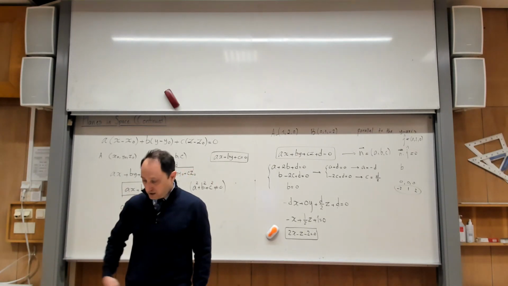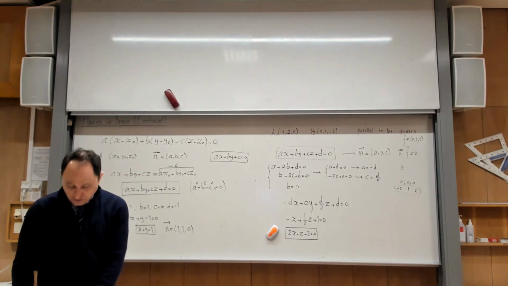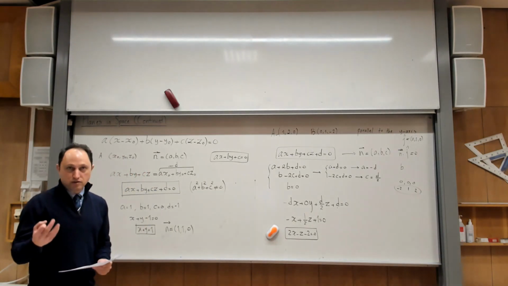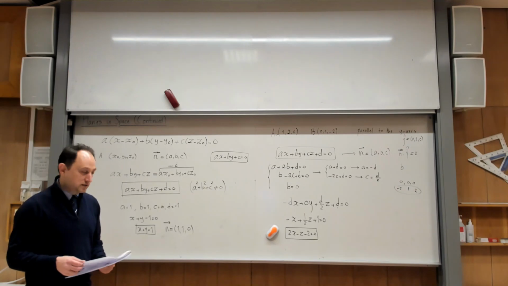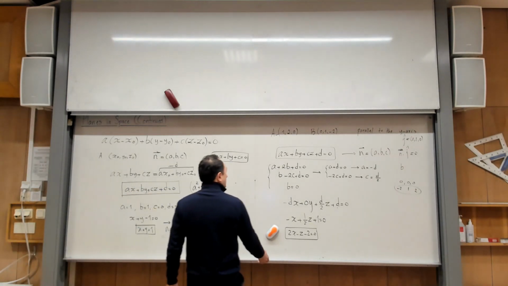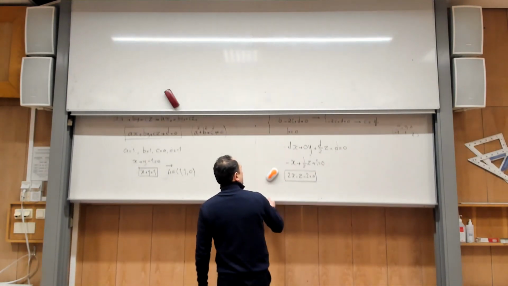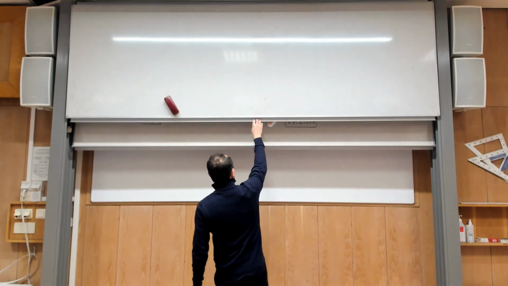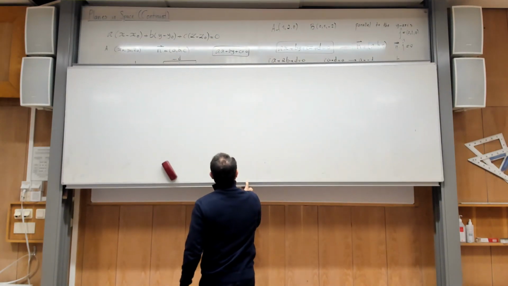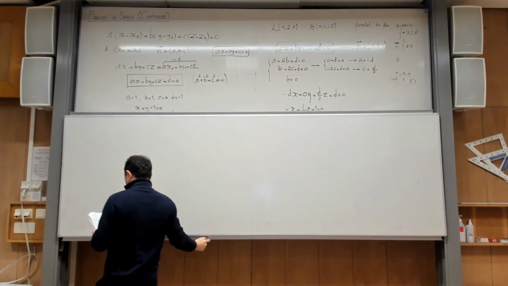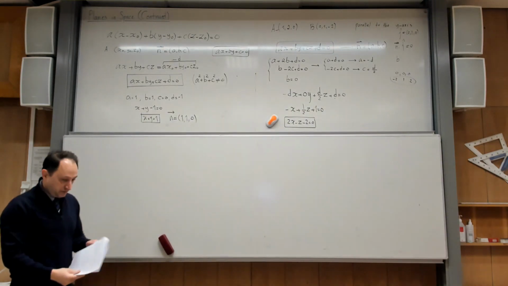To understand this better, let me solve that problem before. Do you remember I asked you to find an equation for the plane that passes through 3 points? It might be a little bit time consuming, but I think it is worth it.